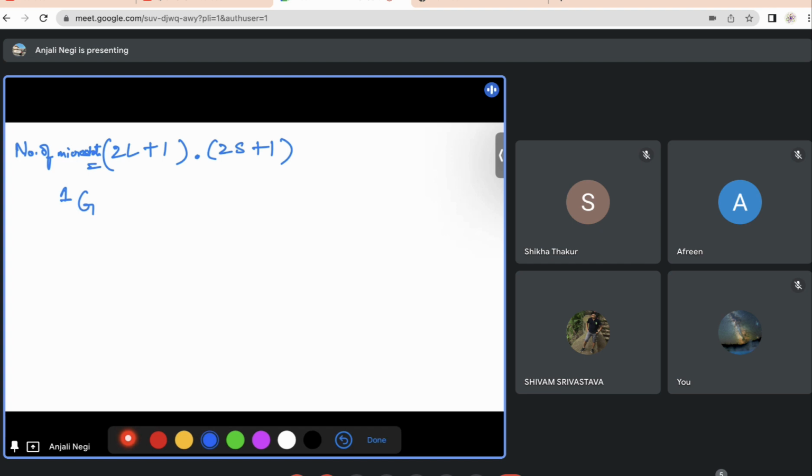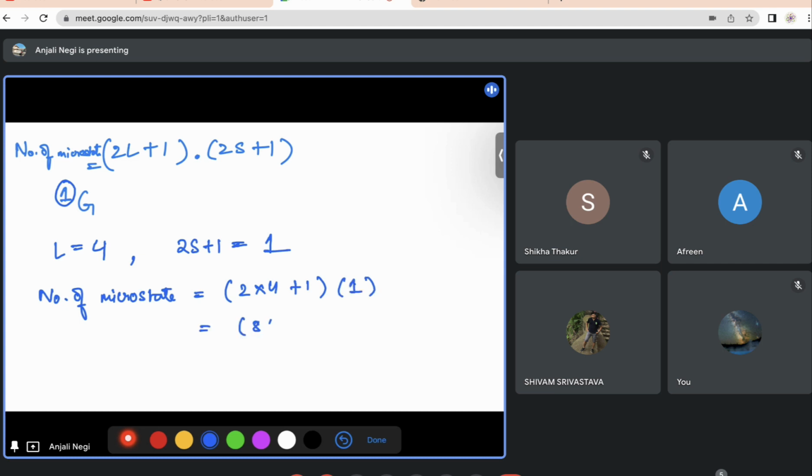So for 1G, my L will be 4, and 2S plus 1, as I can see from my term symbol, is equal to 1. So the number of microstates will be calculated as 2 into 4 plus 1 into 1.